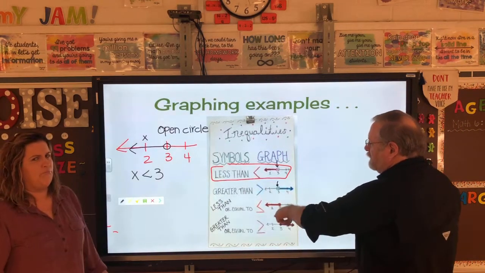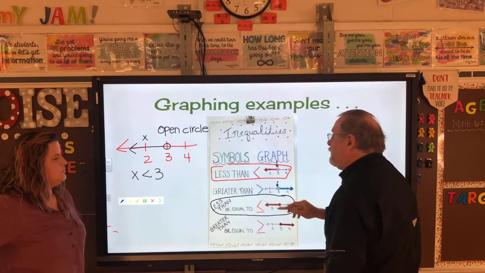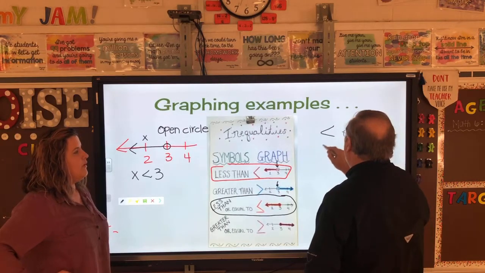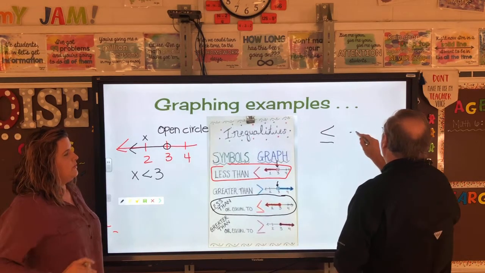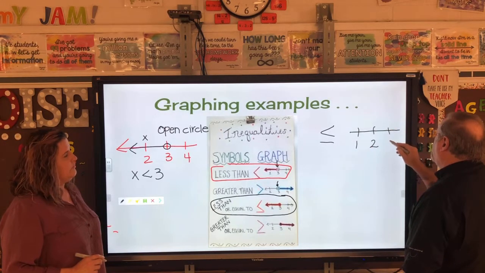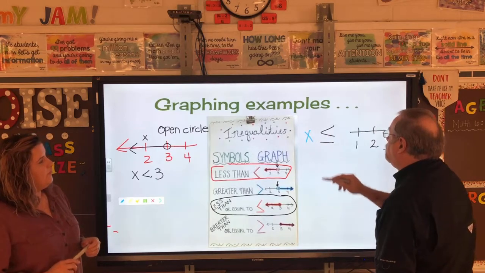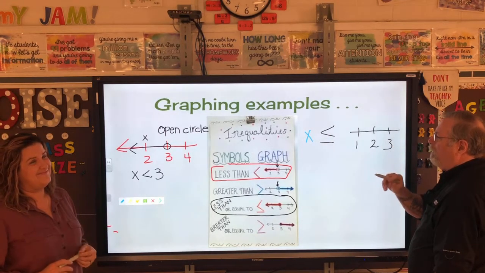Well, yeah. So then I'll jump down to this one, which is less than or equal to. Again, exact same thing. We have that same number line, 1, 2, 3, and we're looking for x to be, I don't know how well blue shows up though.